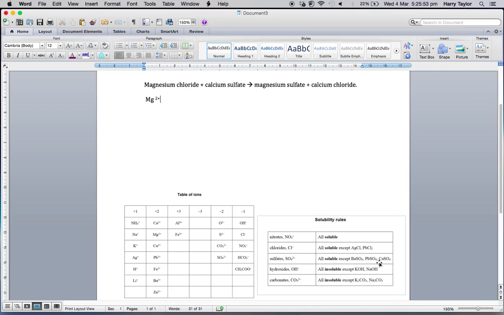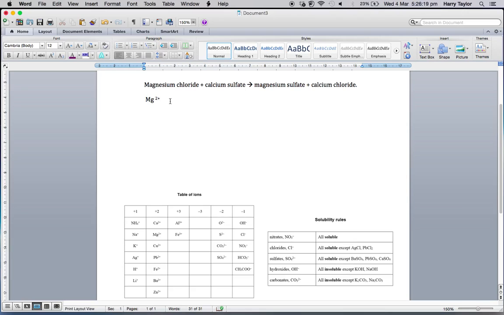So Ag is aluminium, I think, and Pb, which is lead. So it's got to be soluble. The magnesium and the chloride has to be soluble because none of them are there.